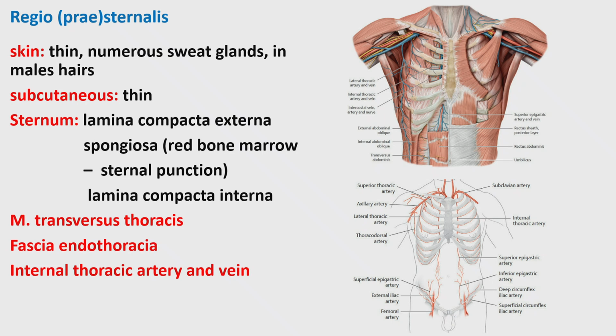If there is a lot of fat in this region, we choose the sternum, and it must always be in the midline, and never do the puncture at the sternal angle. Why? The sternal angle is the place where the manubrium and the body of the sternum join together.